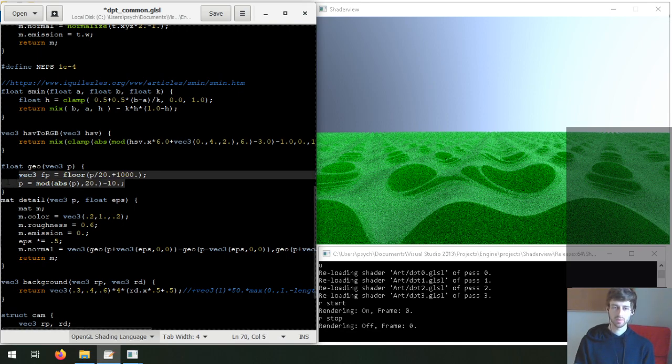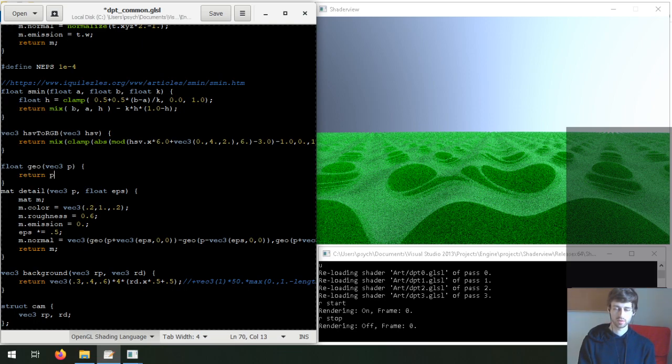But anyways, I need a pattern like this to begin. I'm gonna try to do something like grass. A really high frequency sine wave to simulate grass.